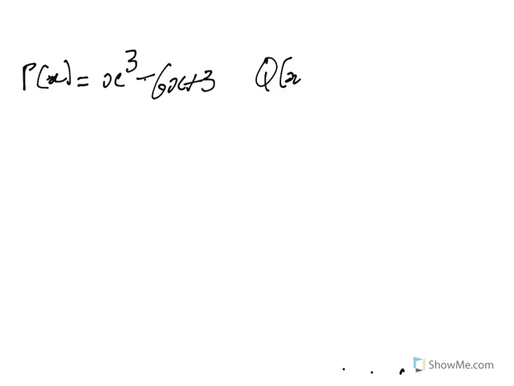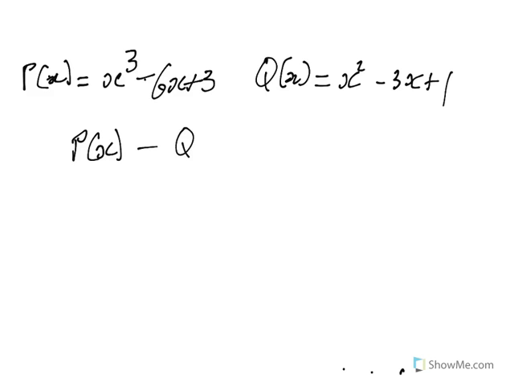We've got p of x equal to x cubed minus 6x plus 3, and q of x equals x squared minus 3x plus 1. And then we can add them, subtract them, multiply them. So let's say, for example, we want p of x minus q of x.